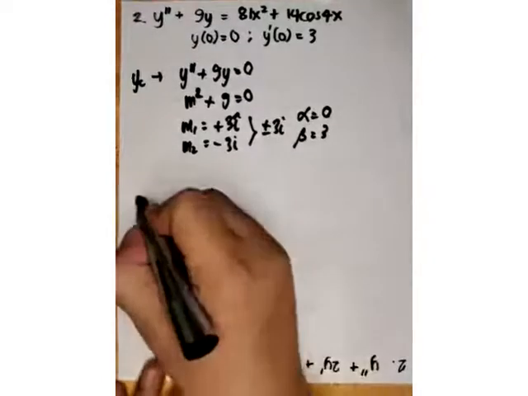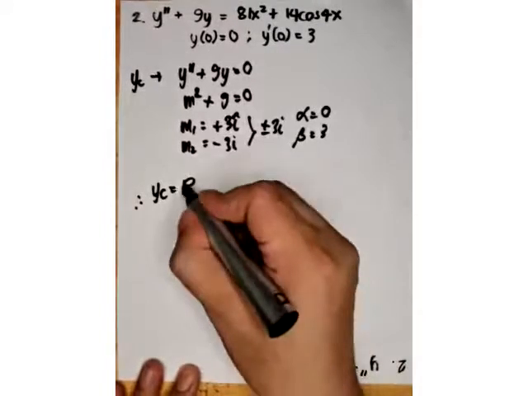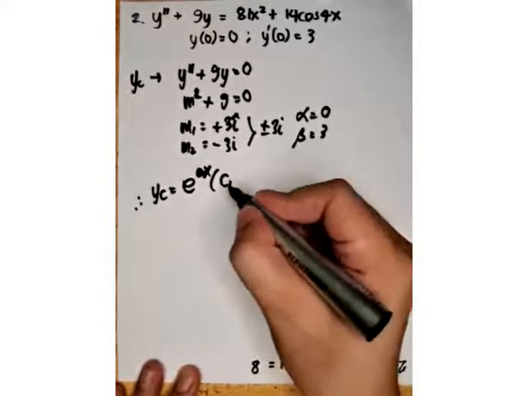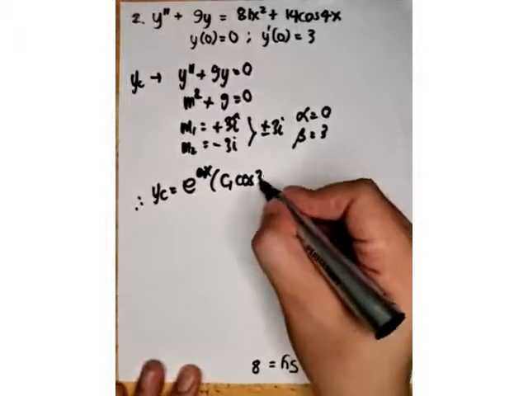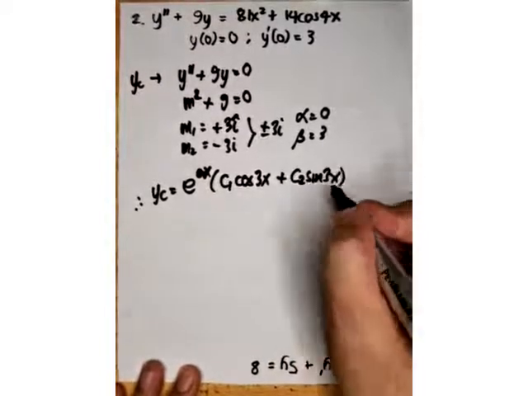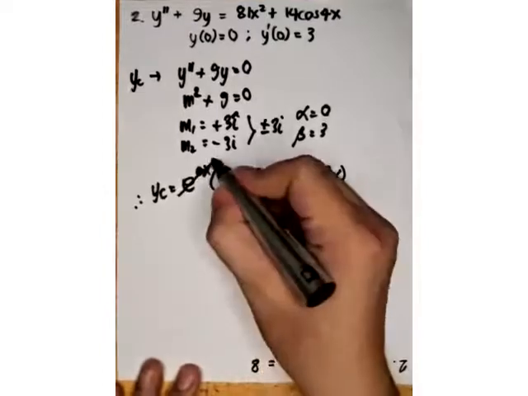Okay, so therefore, ang y sub c natin ay e raised to 0x times sa quantity c1 cosine 3x plus c2 sine 3x. So, okay, so this is equal to 1.